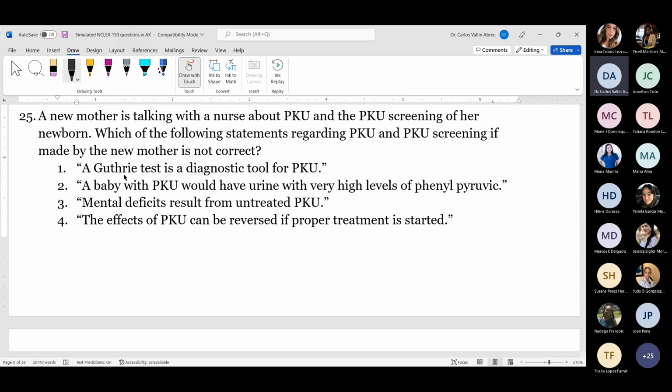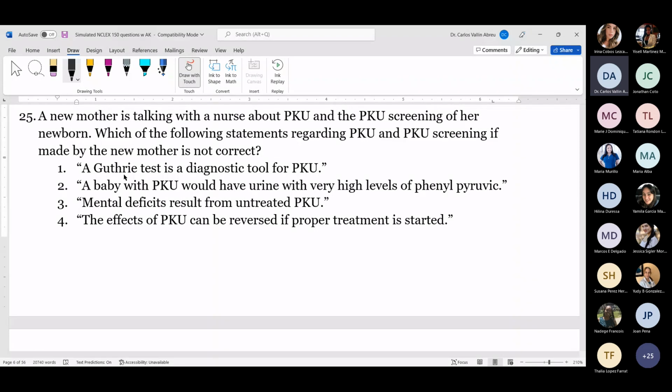And then one option has only one protein, and the rest are healthy carbohydrates and fats. So this is going to be more or less the question that I have seen about the dietary management of patients with PKU.